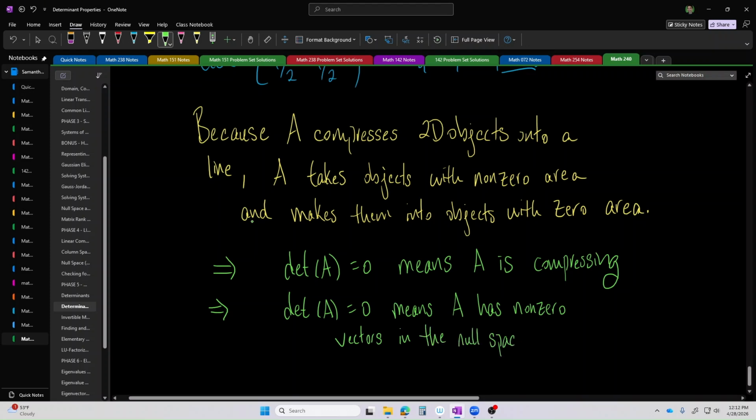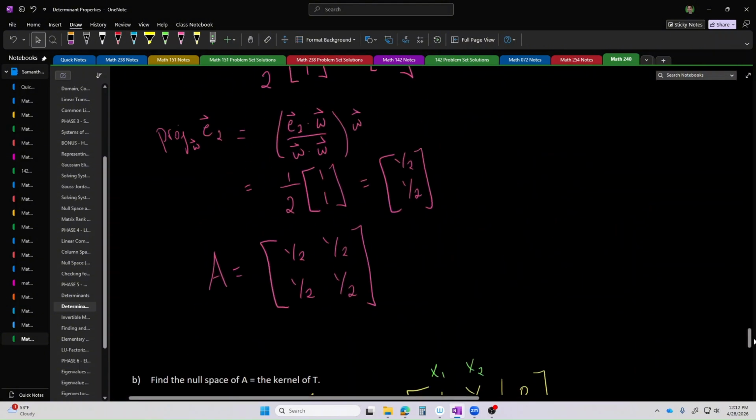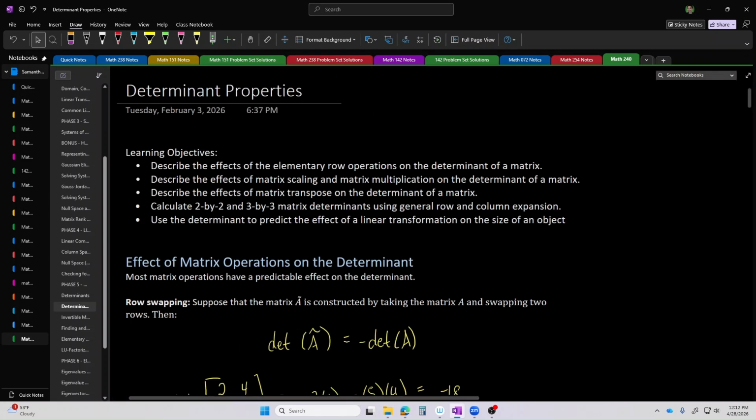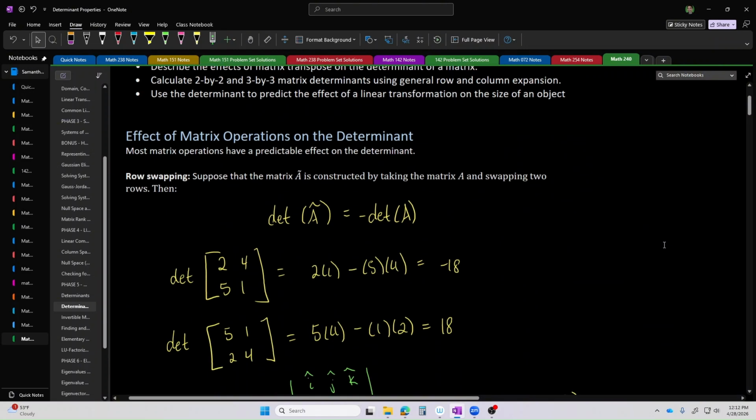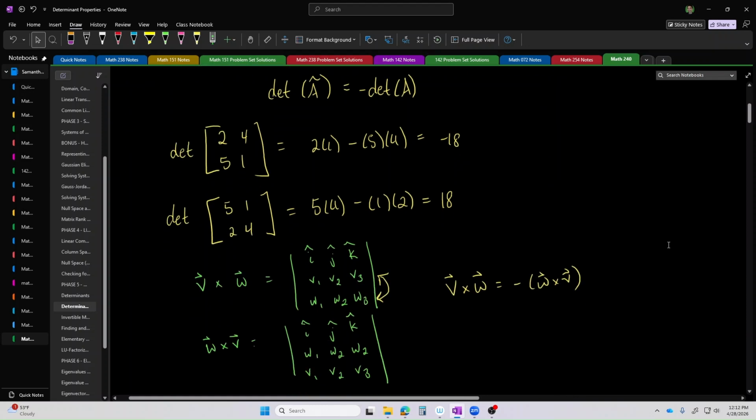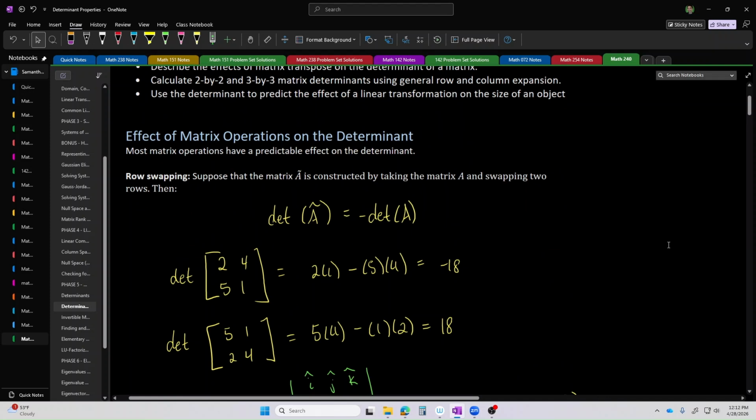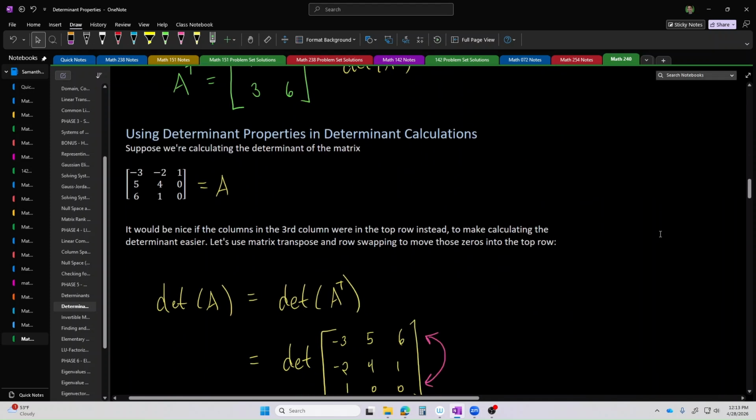So this is going to be an important property to keep in mind, particularly as we get into tomorrow's lecture talking about invertible matrices. That concludes today's video. In this video, we talked about the properties of the matrix determinant. We talked about how the matrix determinant is affected by simple matrix operations. We also saw how those properties can be used to help us calculate the determinant of certain matrices more effectively.